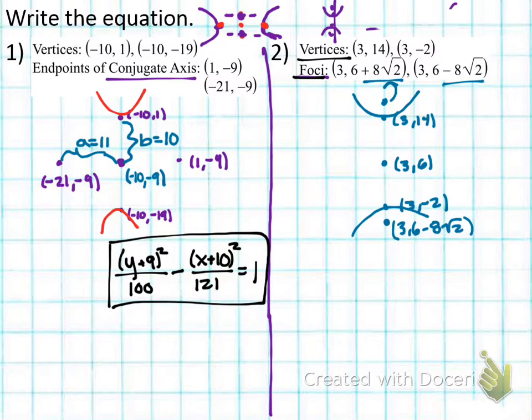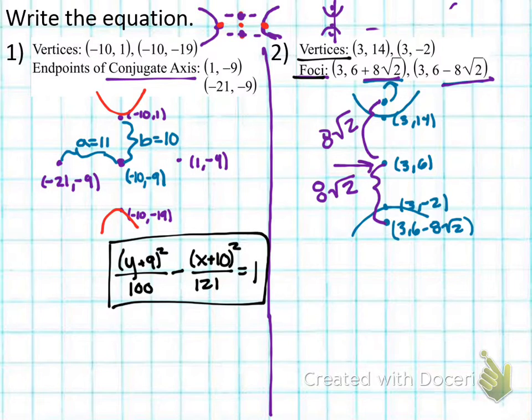If I look at these points, you stay at 3 on the x, and then in the y direction, one of them is 6 plus 8√2, and the other is 6 minus 8√2. So they both start at this point, and then one goes up 8√2, and one goes down 8√2.